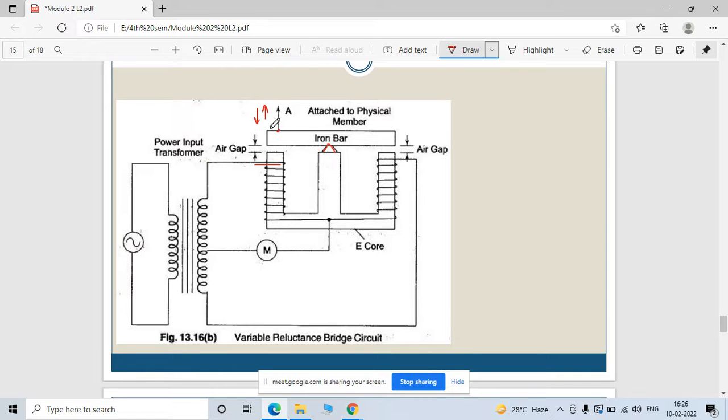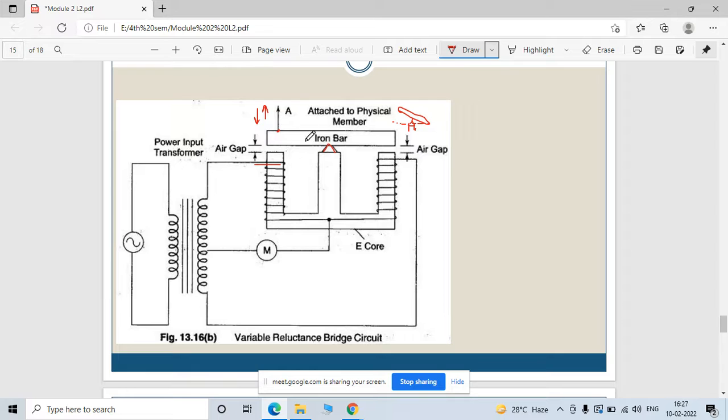So when it goes upward, this bar magnet is shifted such that the structure changes, and this is your air gap. So these are two limbs which are excited, so a differential difference is happening here.